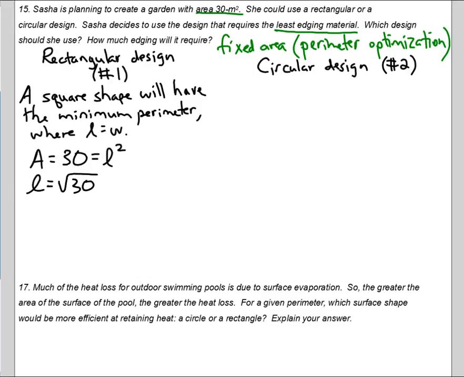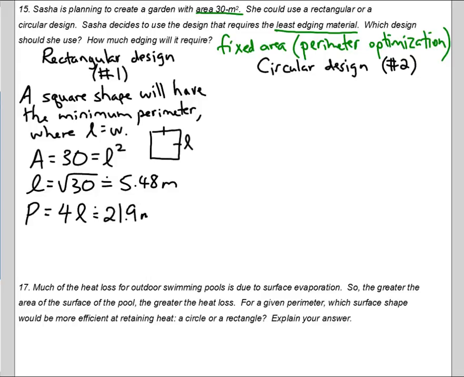So the root of 30 will be my length, and that gives me about 5.48, in meters. The perimeter of a square is 4 times the length, so 4 times that value is about 21.9, also in meters.